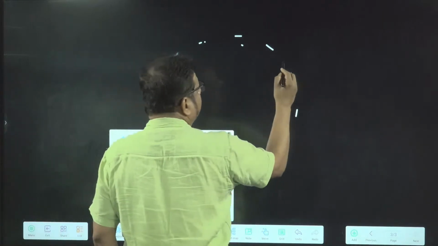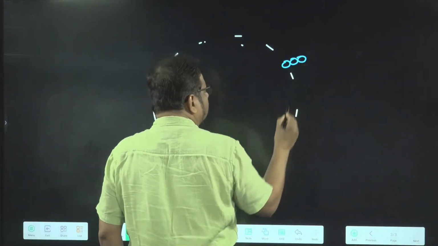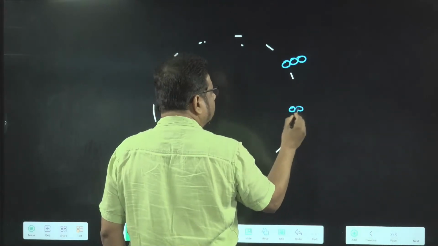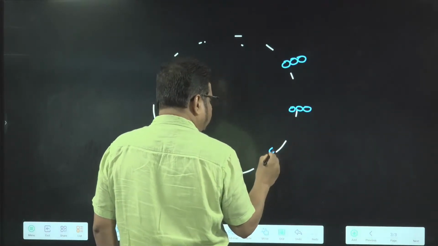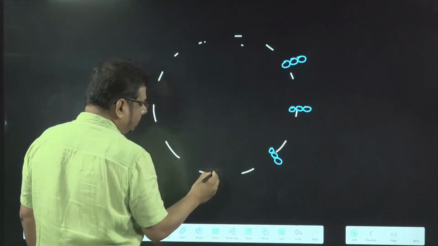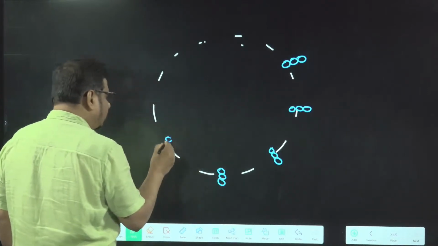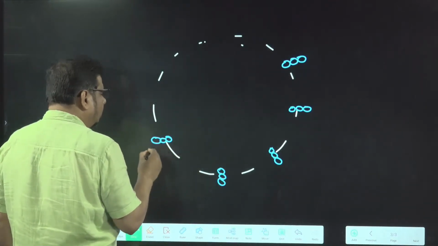So triplet I am writing. It is one triplet, it is another triplet, it is another triplet, it is another triplet, it is another triplet. How many?